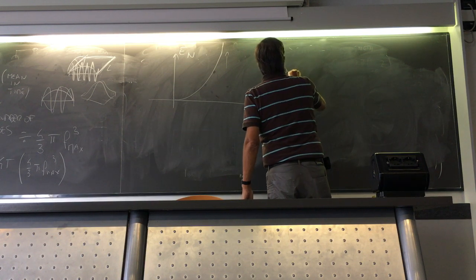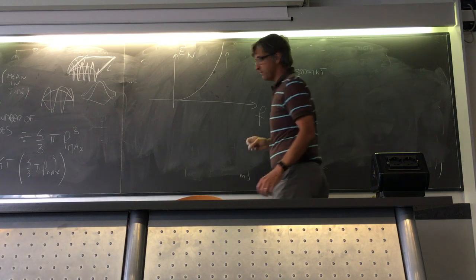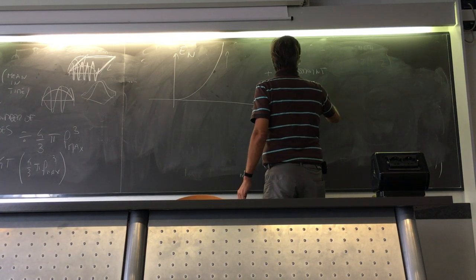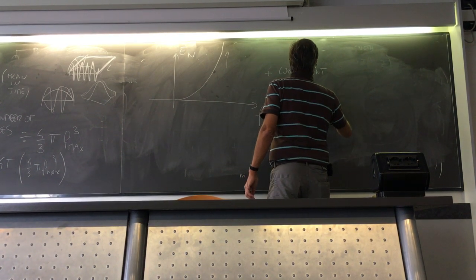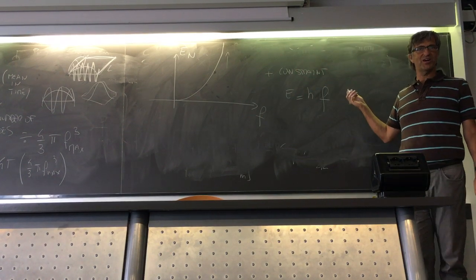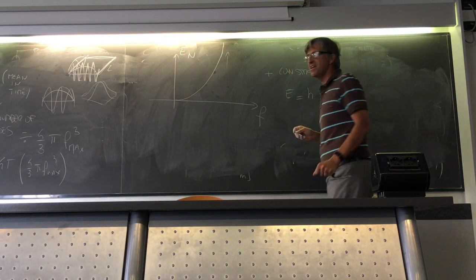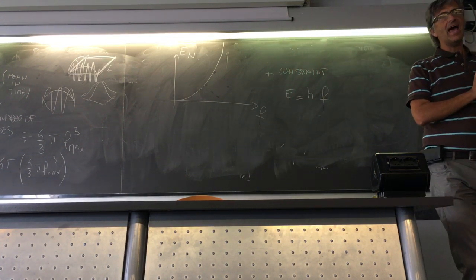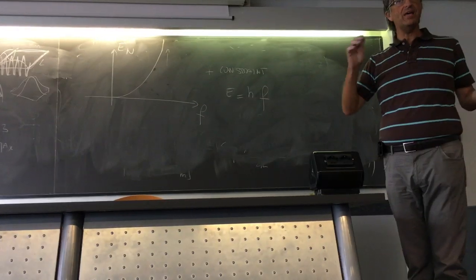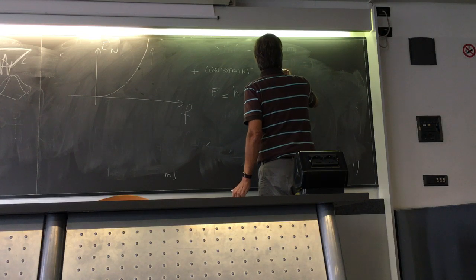So, what is the constraint? It's a constraint provided by, you remember this, E is equal to h multiplied by f. You have heard about this. Planck is the first to say that the energy cannot be a continuous number, cannot be any number, but should be k times h f, where k is an integer.